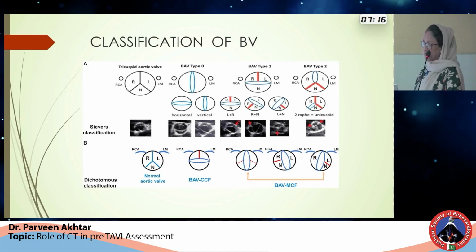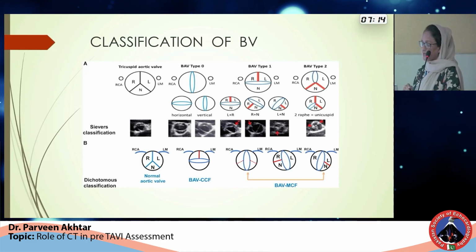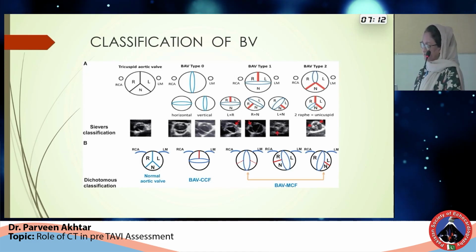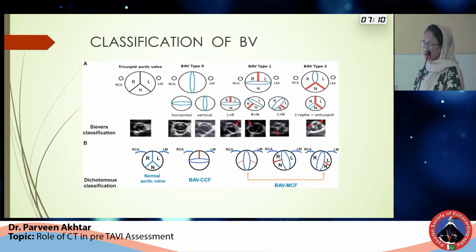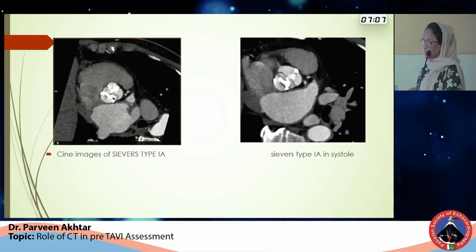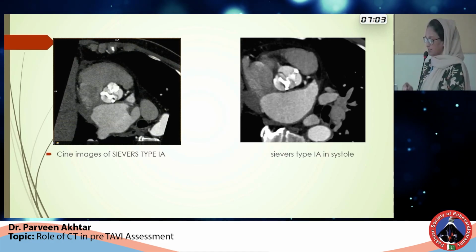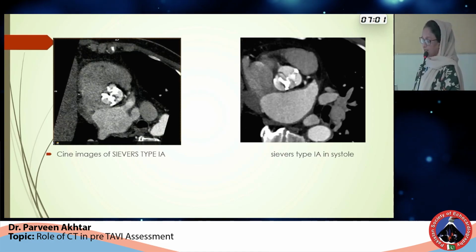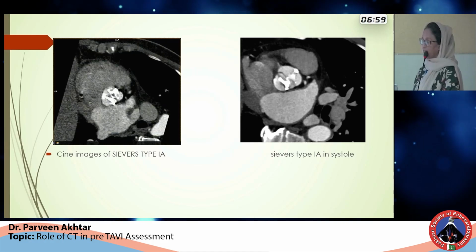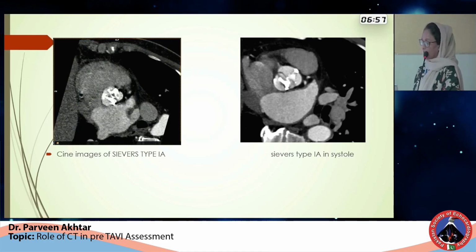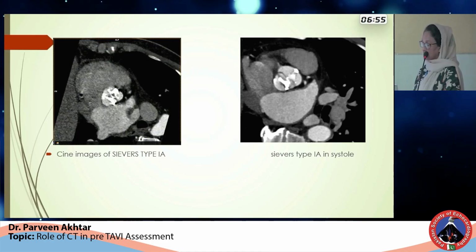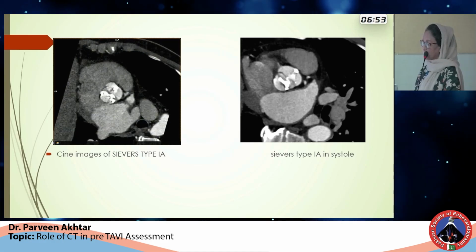Type 1C is when the left and non-coronary cusps are fused. Most common is type 1A. So this is an example of type 1A. These are the cine images, and you assess the behavior of the leaflets. And this is the systolic phase of type 1A.